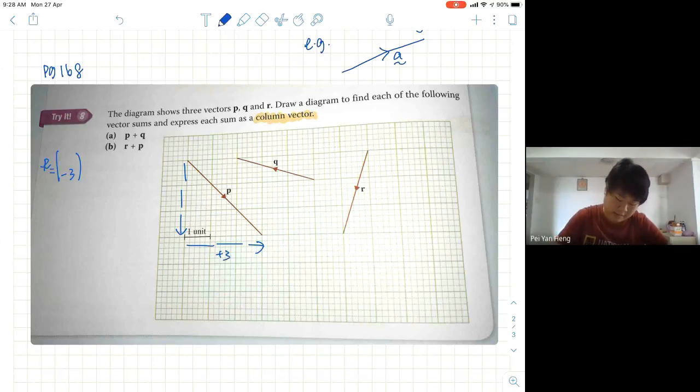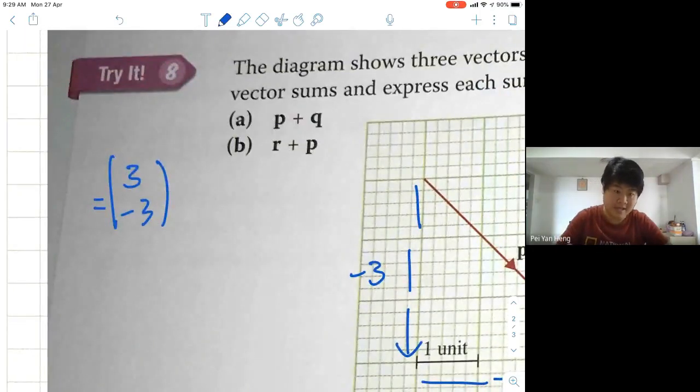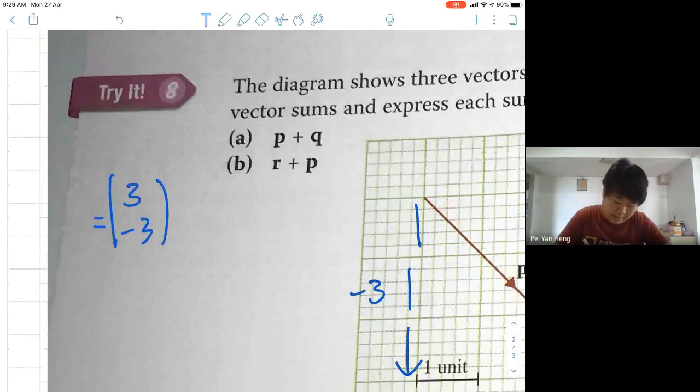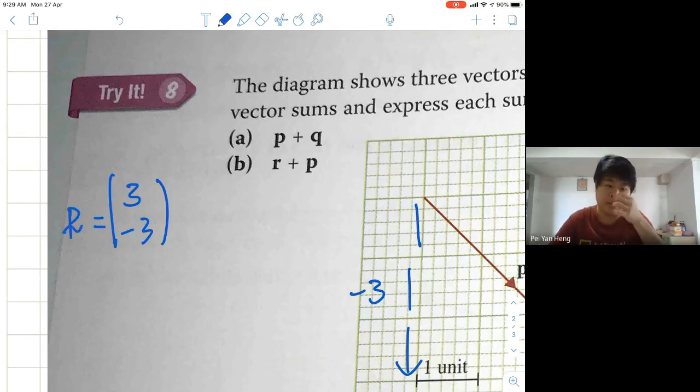So this is 3, -3. As you can see, I have written outside the bracket P, with a little tail at the bottom. This is to indicate a vector.